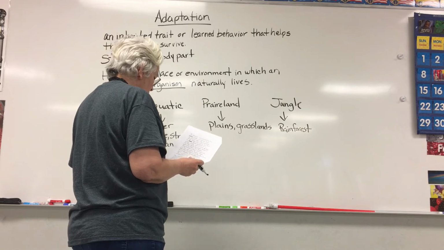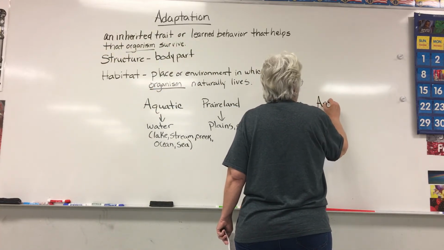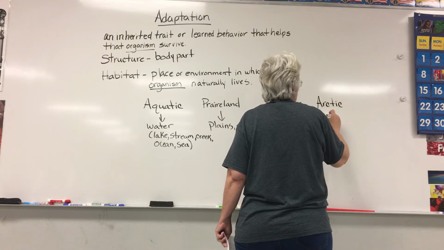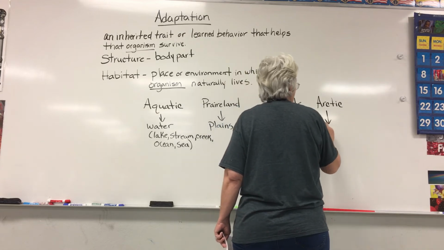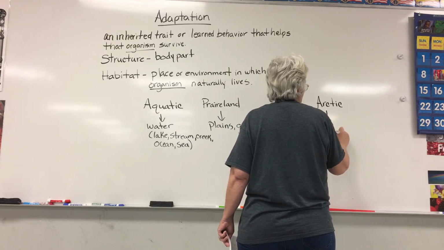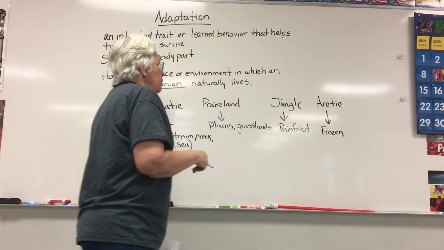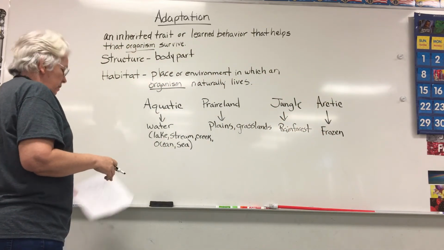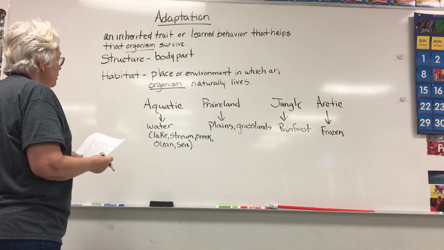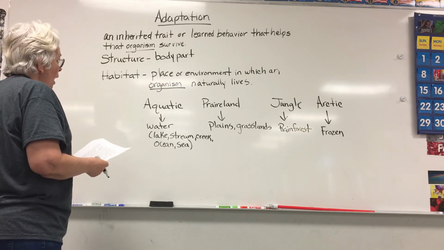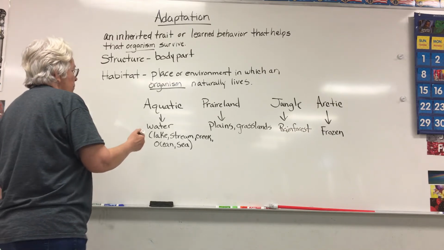And our last one is the Arctic. Now, I say Arctic, but this also includes Antarctica. This is anything where the land is frozen. So it's not only the Arctic, which is up north, but it also includes the Antarctic, which is in the south.